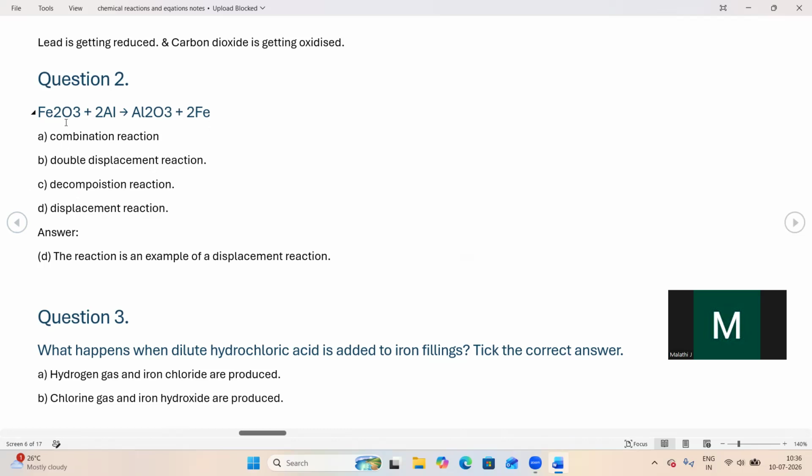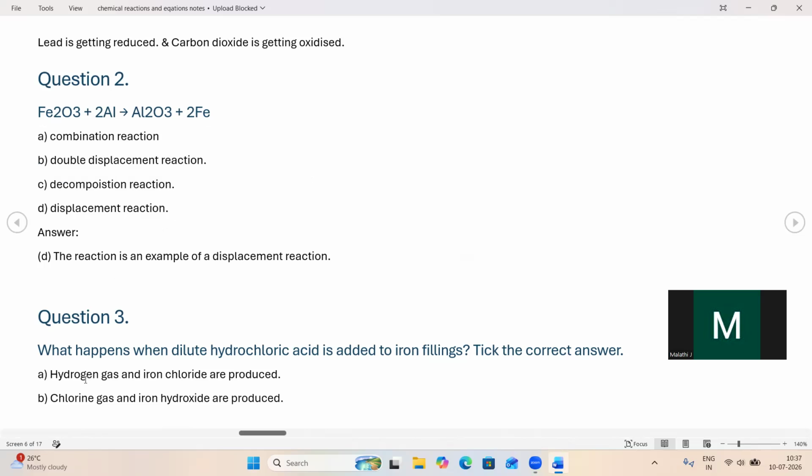You should observe this: it is only a displacement reaction. Here silver replaces iron. That is a displacement reaction. A more reactive element displaces a less reactive element.